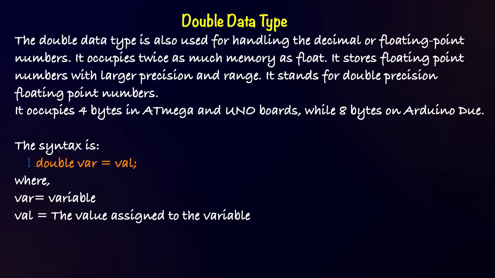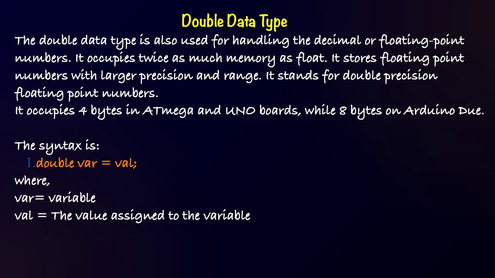Double data type. What is double data type? The double data type is also used for handling decimal or floating point numbers. It occupies twice as much memory as float. So the memory space is more than float, twice that of float basically.